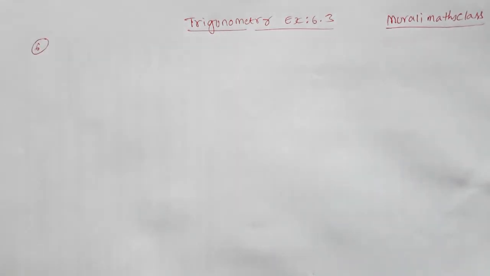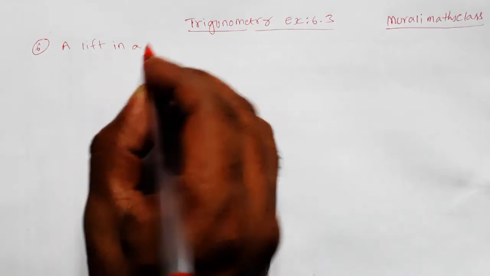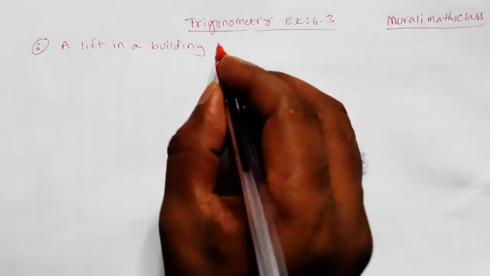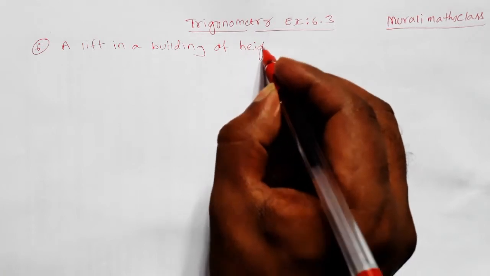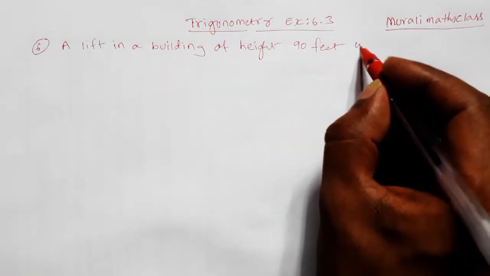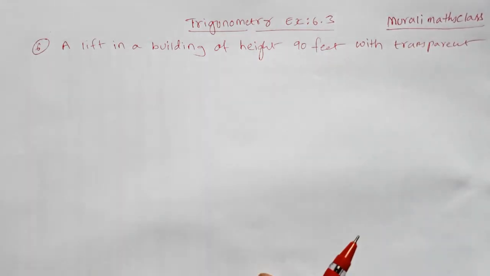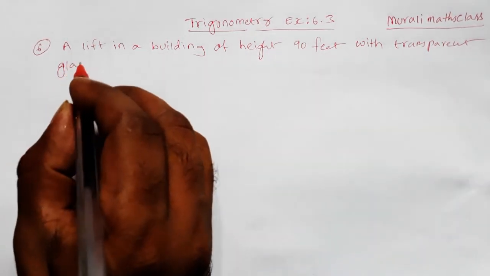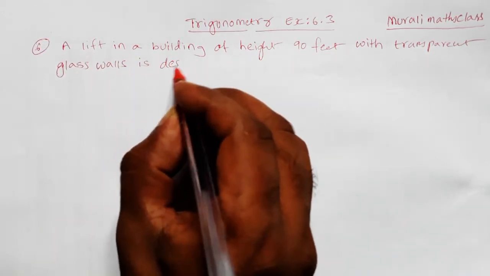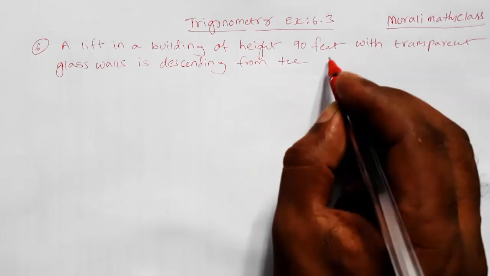Sixth one. A lift in a building of height 90 feet with transparent glass walls is descending from the top of the building.